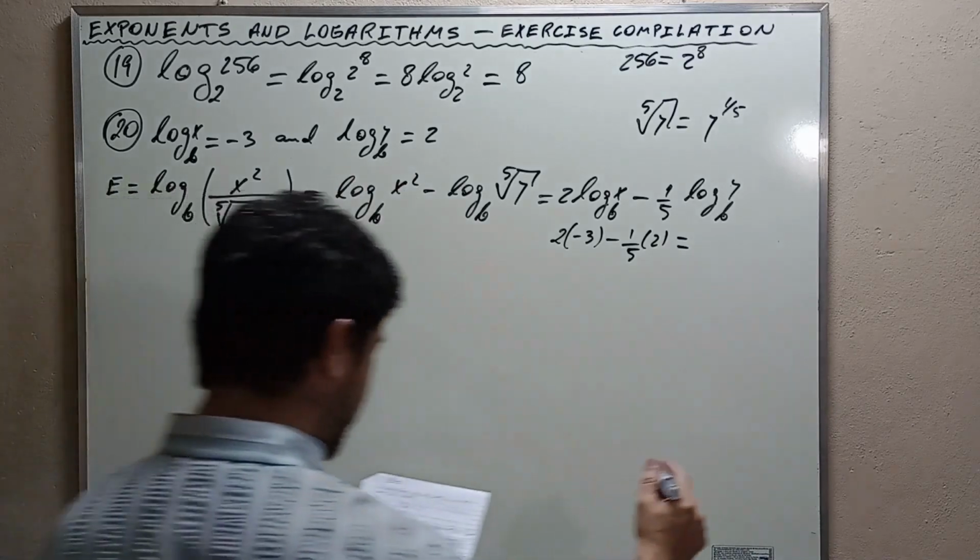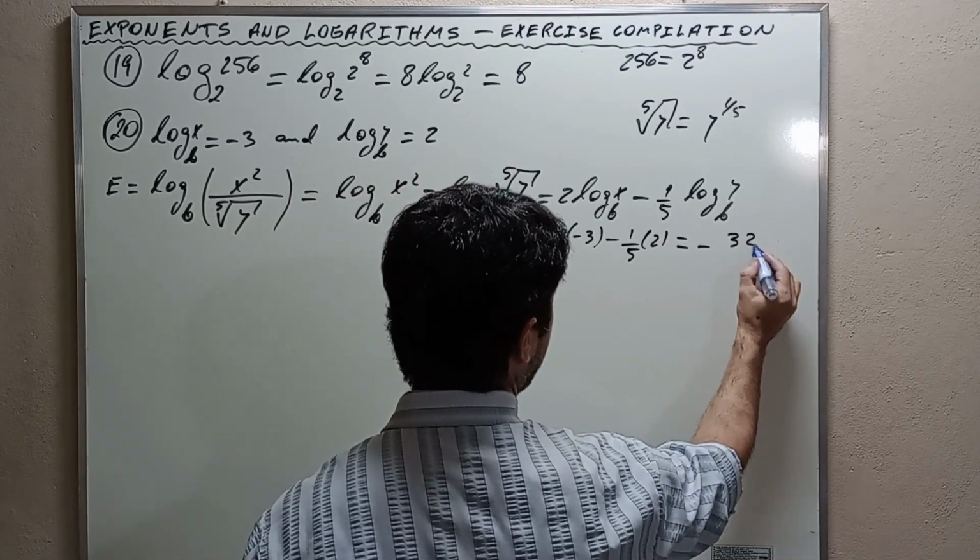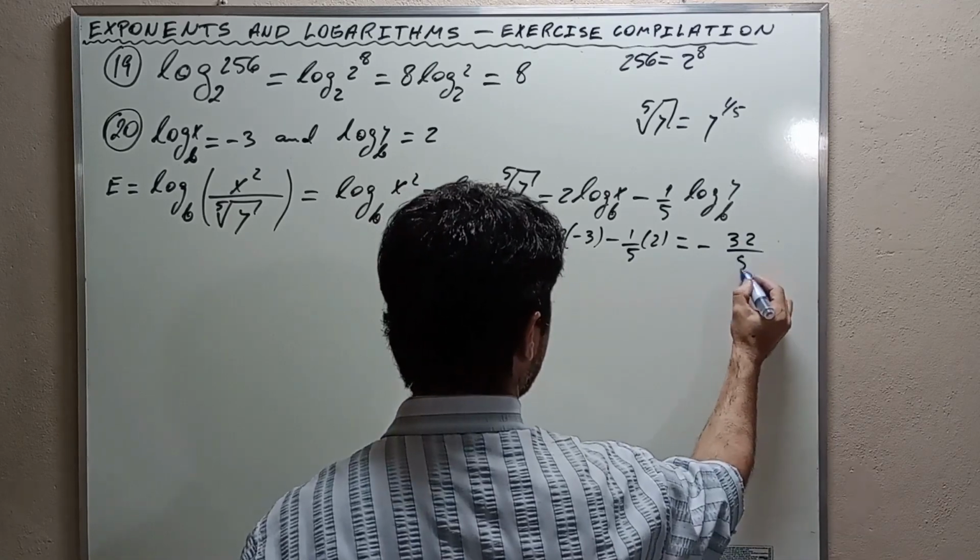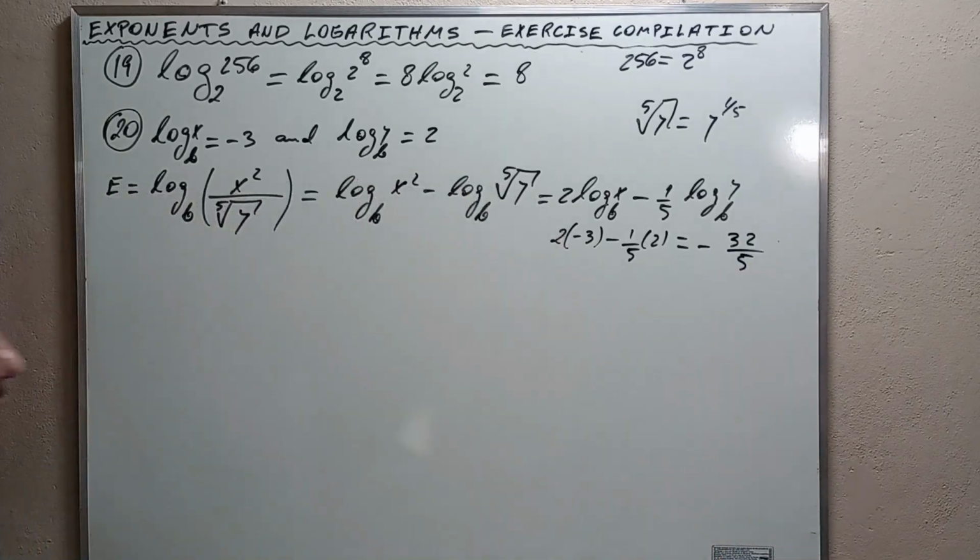If we carry out, we find that it is equal to -32/5. Okay, my friends? And this is all for exercise 20. Let's go to exercise 21 now.